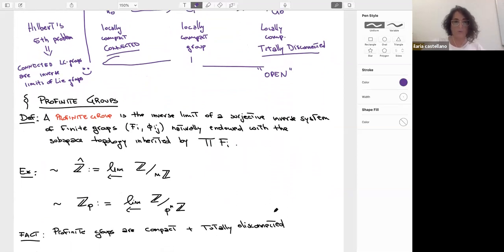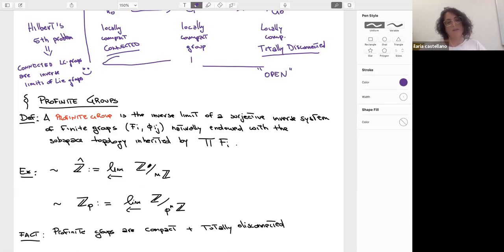What is a profinite group? A profinite group is the inverse limit of a surjective inverse system of finite groups. And this inverse limit is endowed with the subspace topology coming from the product of all the finite groups that are in the inverse system. Here you can see some famous examples of profinite groups.